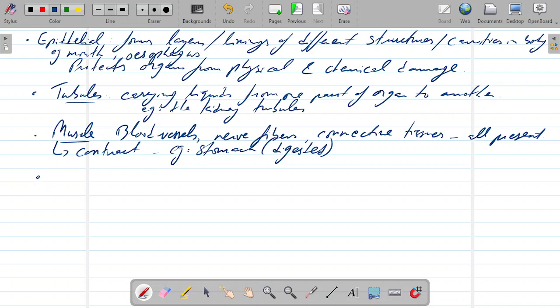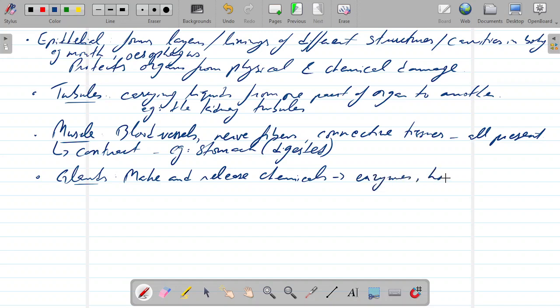Then, as you mentioned, you've got glands, right? And they make and release chemicals, right? They could be enzymes or hormones. So they could be secreted directly into the blood.